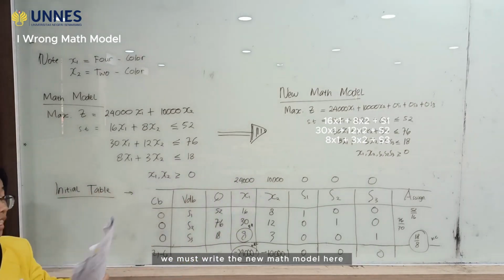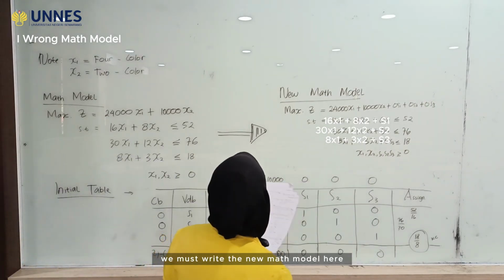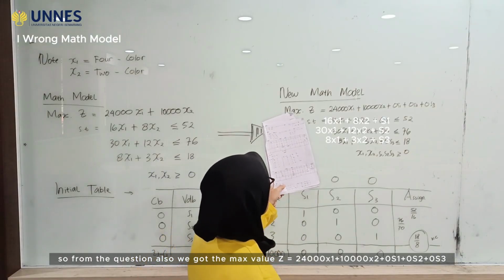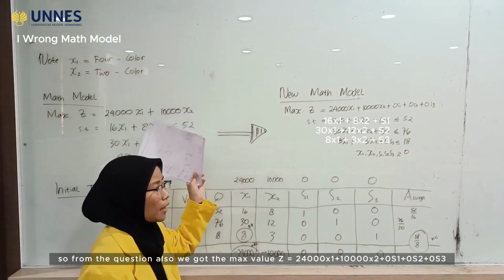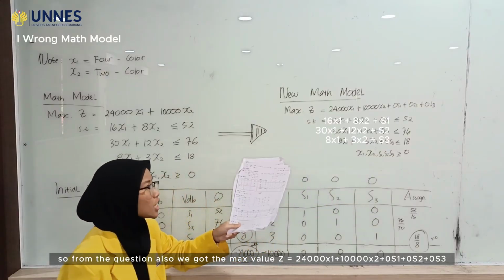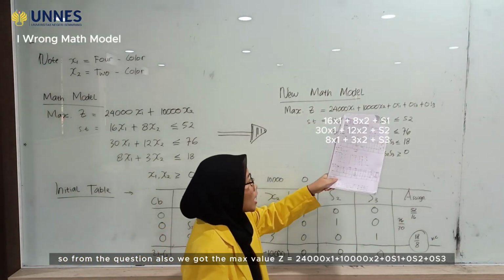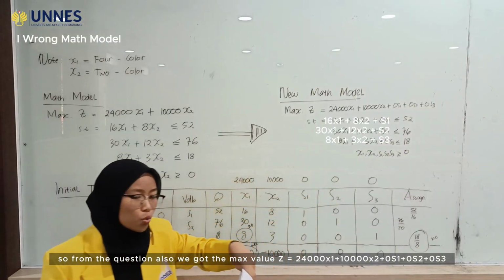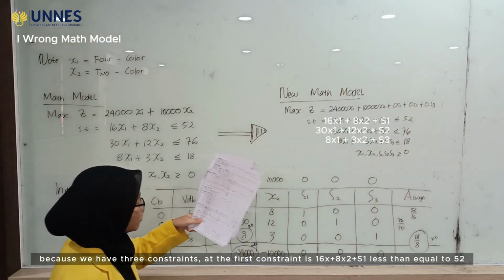We must write the new math model here. From the question, the maximum value of Z is the same as before, 24,000 x1 plus 10,000 x2 plus 0 s1 plus 0 s2 plus 0 s3, because we have 3 constraints.